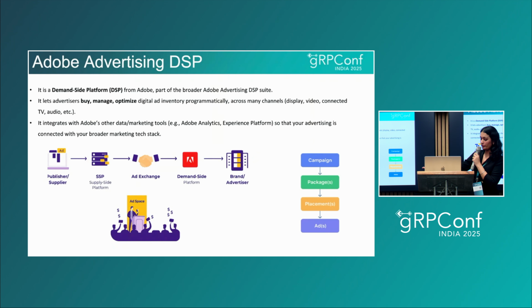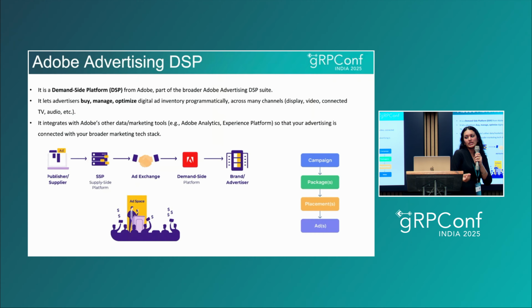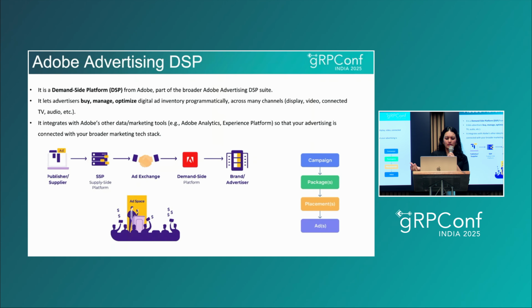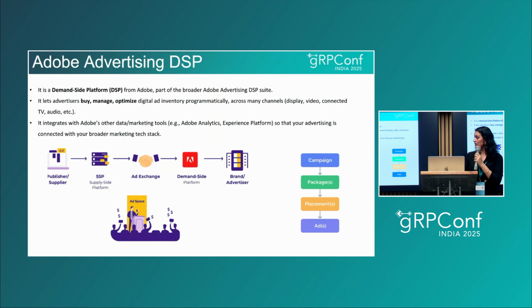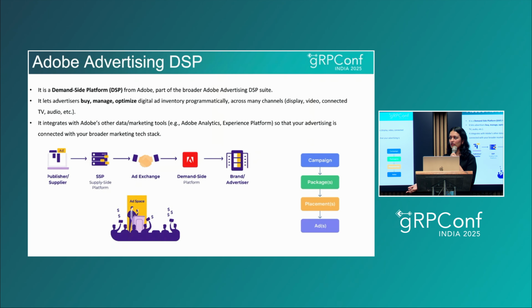Then we have placements that define the targeting rules for specific ad types like CTV, native, video, etc. And finally, the ad, which contains the creative unit and tracking URL.